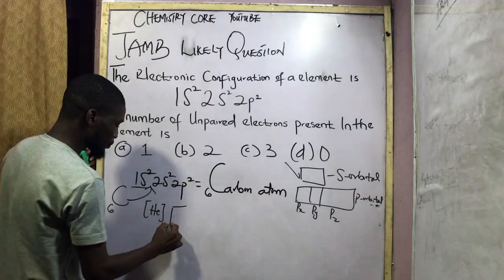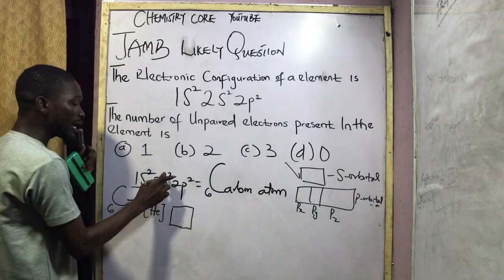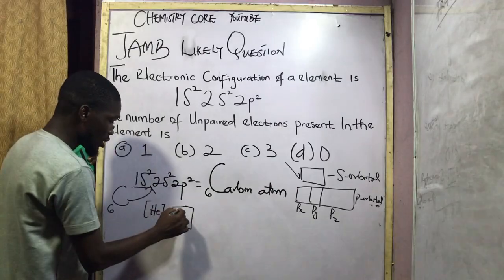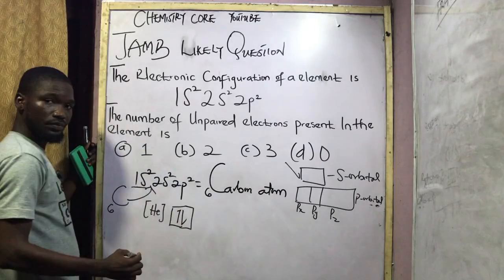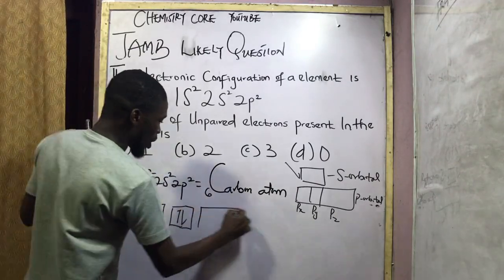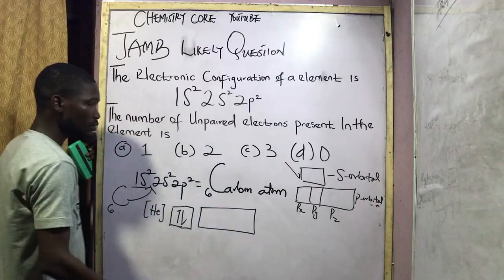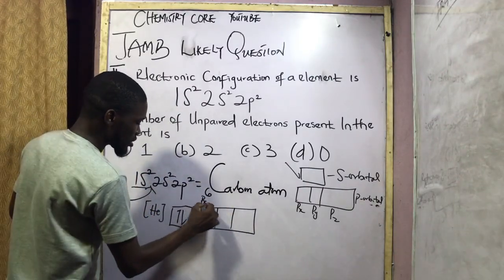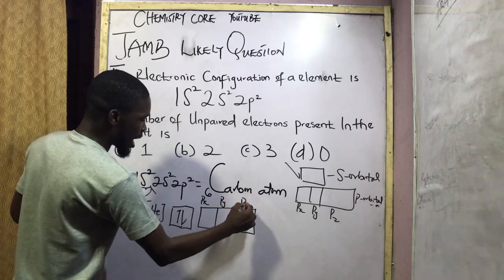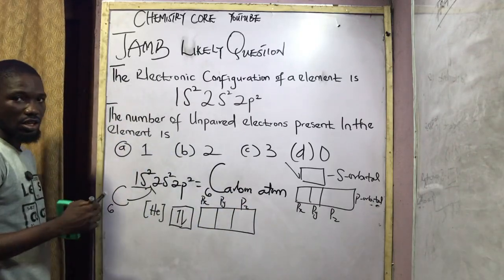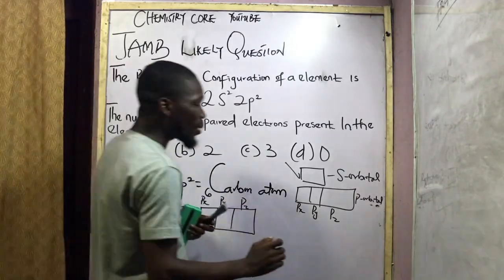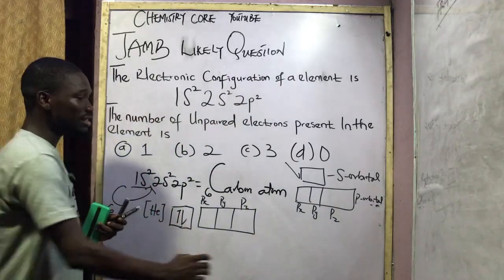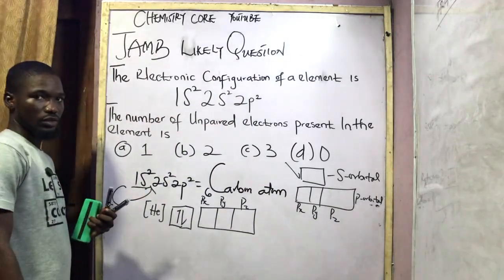We have, and how many electrons do we have here? 1, 2. The next one is what? This, the p orbital. How many do we have here? Mind you, you have px, we have py, and we have what? pz. And this degenerate orbital can contain 6 electrons.